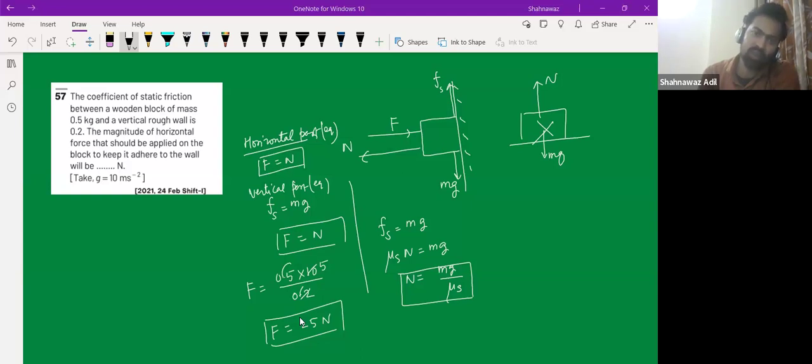Can we do one or two pulley questions? Okay, so generally in pulley questions, I have to see.